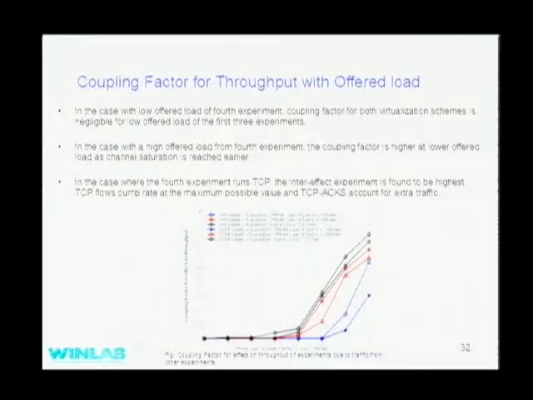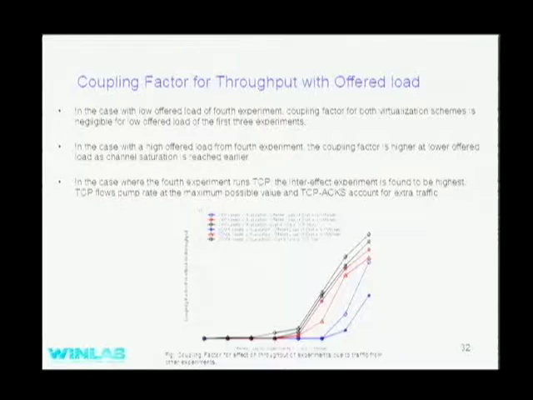When the offered load of the 4th experiment is low, the blue line shows the coupling factor for the first 3 experiments, and we find that the coupling factor is almost 0 till the offered load is 6 Mbps. After that it increases linearly because the channel saturates.